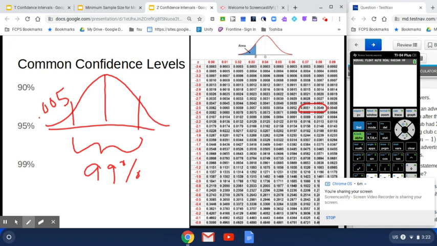It's another evenly split. So we're going to average the two z-values together of negative 2.57 and 2.58. So my critical values for 99 is positive or negative 2.575.